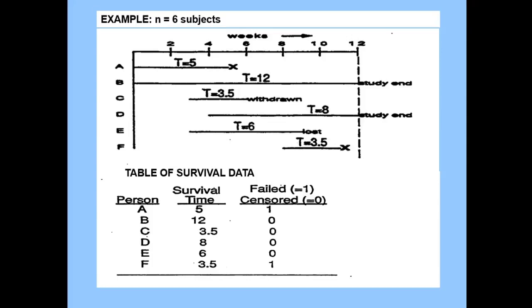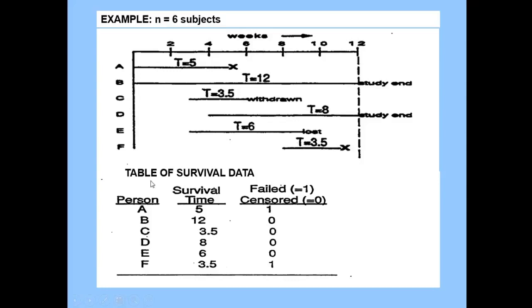So now when you have data like this, it's only 6 people, what you typically do is you get that information and you put it into a data layout. Okay? So in this case, you'd have one column which has the ID of all the people in your study, persons A, B, C, D, E, F, and then there are 2 bits of information we have on these people. We have their survival time, 5, 12, 3.5, and so on.